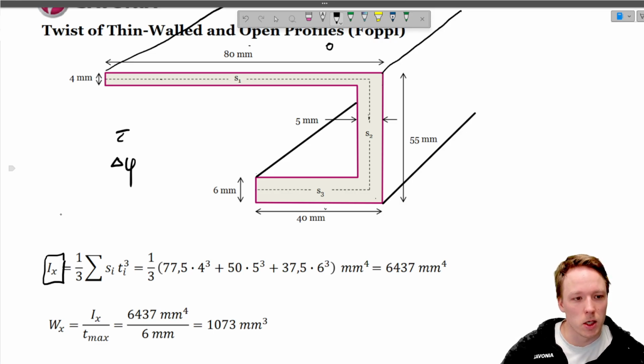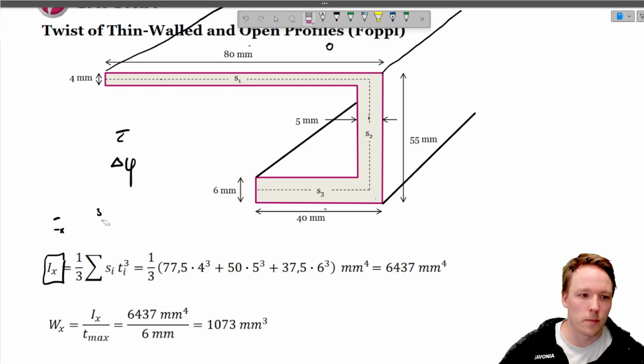If we take a look at the previous video, for rectangular cross sections, we defined that the Ix is alpha times height multiplied by b to the power of 3. If we take a look at this equation, it has similarities with the equation for rectangular cross sections.